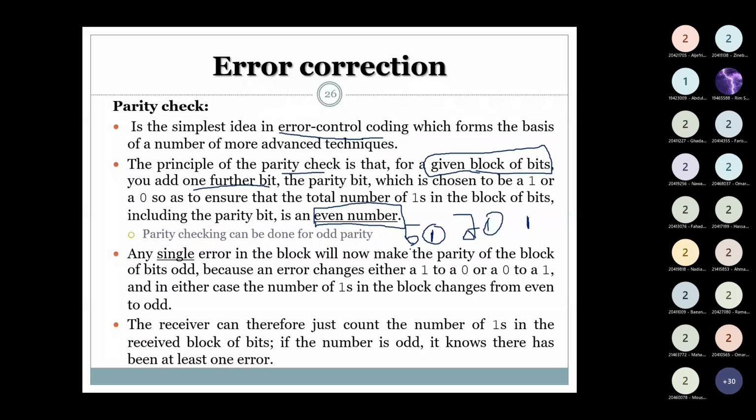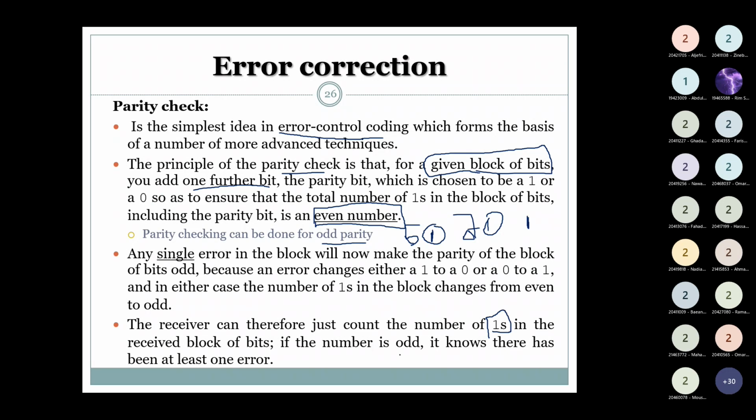Okay, so parity checking can be done for odd parity. Any single error in the block will now make the parity of the block of bits odd, because an error changes either 1 to 0 or 0 to 1. So in either case, the number of ones in the block changes from even to odd. The receiver can therefore just count the number of ones in the received block of bits.